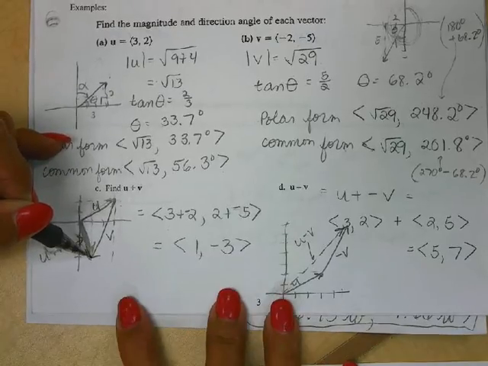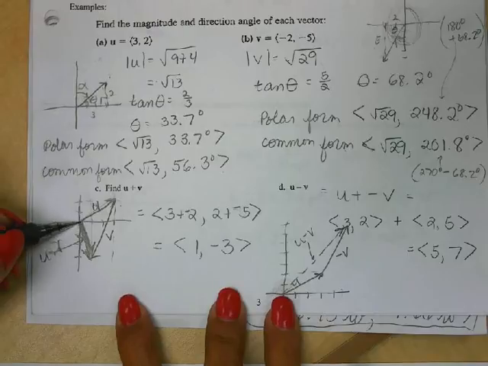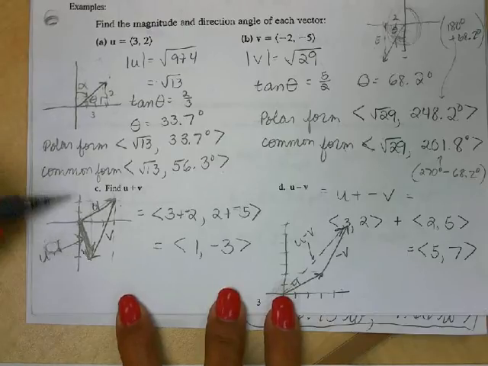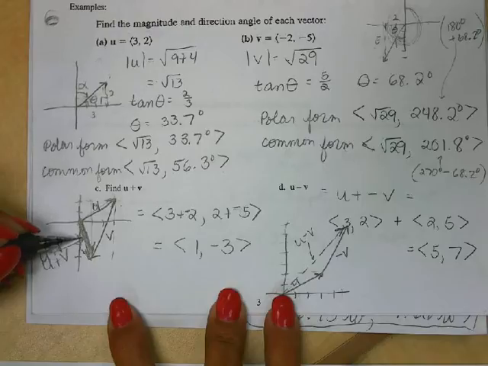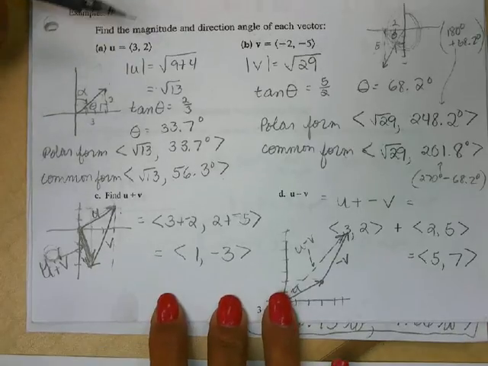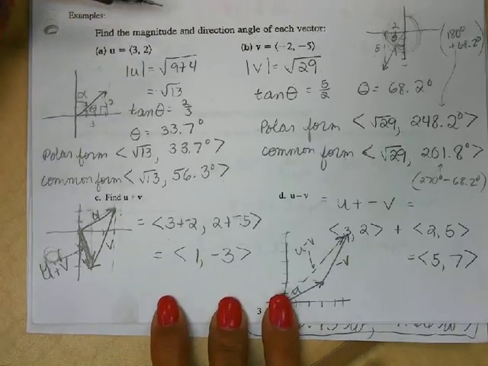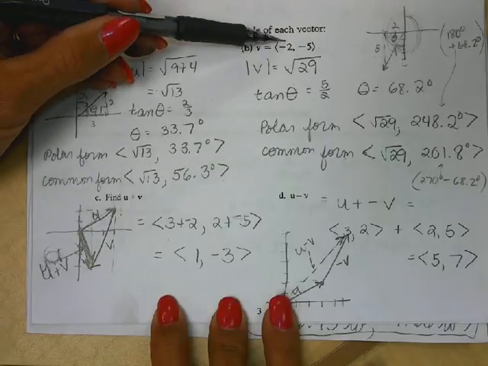So here's the tail of u and its head. Here's the tail of v and then its head. The sum of these two, which is called the resultant vector, is from the tail of the first vector to the head of the second vector, and I've made it very dark. So this resultant is the u plus v vector.